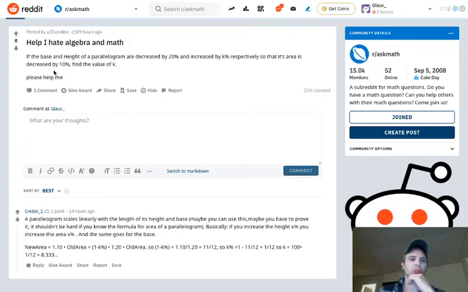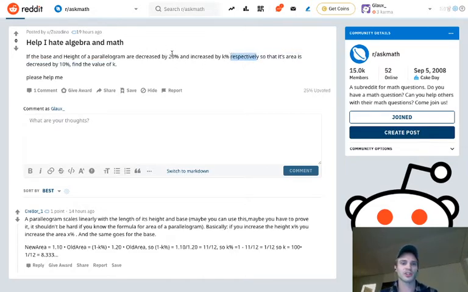It says if the base and height of a parallelogram are decreased by 20% and increased by k% respectively, so that its area is decreased by 10%, find the value of k. All right, this says a lot of nothing, but it's important to parse it bit by bit so that you can understand what it says. So this "respectively" throws a monkey wrench in the works.